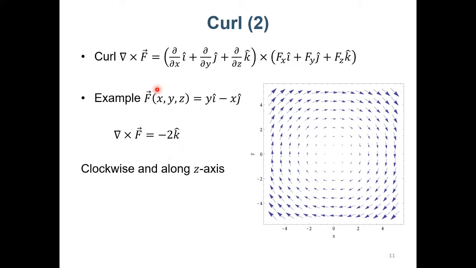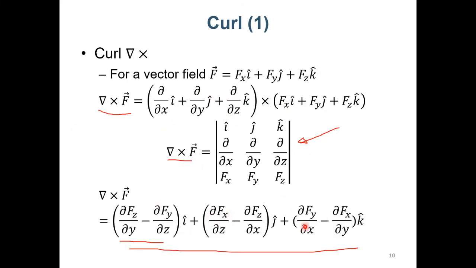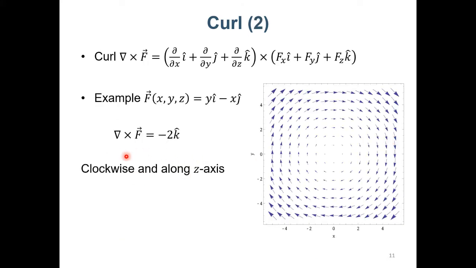So calculating this is very simple. You just need to substitute into here, then you get this expression. You know that this vector field is rotating clockwise along the z-axis.